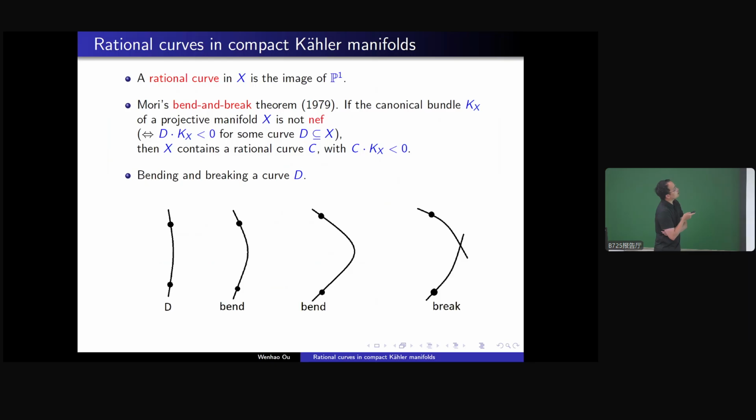A rational curve in a complex manifold or variety is just the image of P1. Of course, this image cannot be a point, but we do not require the image to be smooth. The P1 is smooth, but the image may be singular. It turns out that this is quite a complicated and difficult problem as the dimension is at least 3.